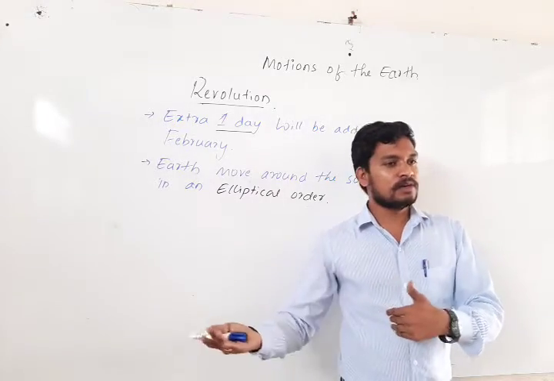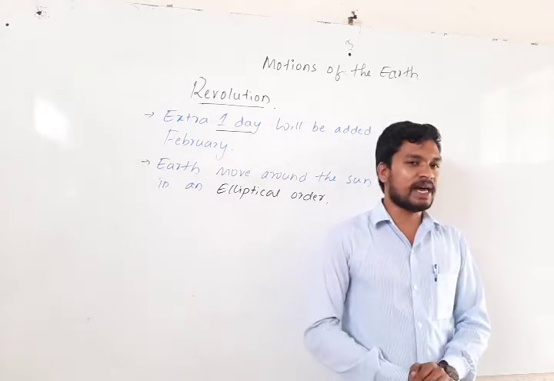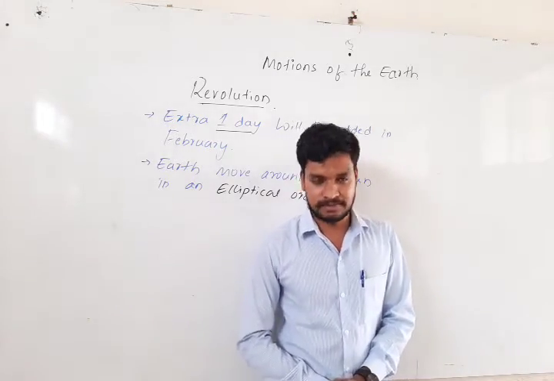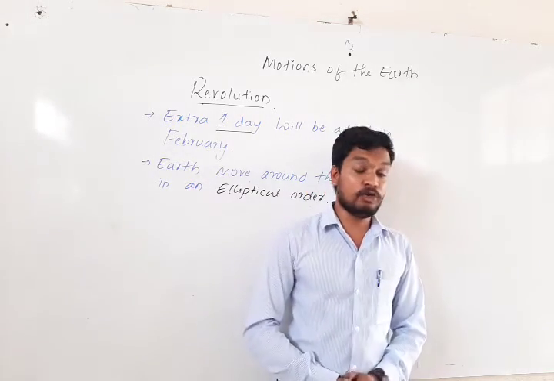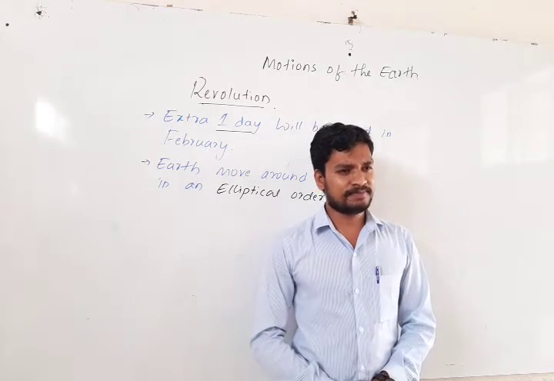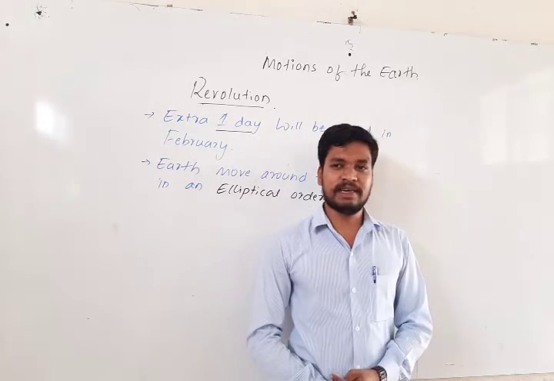After that, for 1.5 months we will have spring. Then for 3 months we will have winter. Then for 3-4 months we will have summer. Isn't it? So after every 3 or 4 months we experience different seasons. What is the main reason for this?